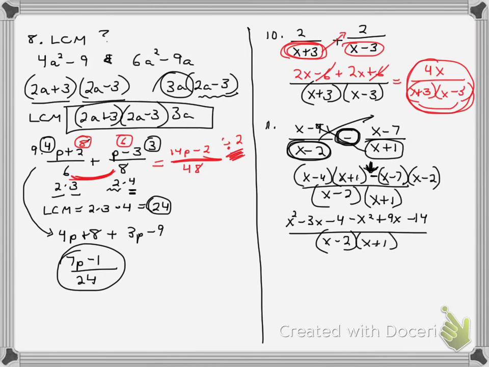Now going ahead and gathering my like terms, these will cancel out. You're going to get 6x minus 18.